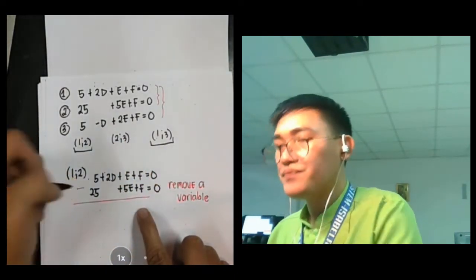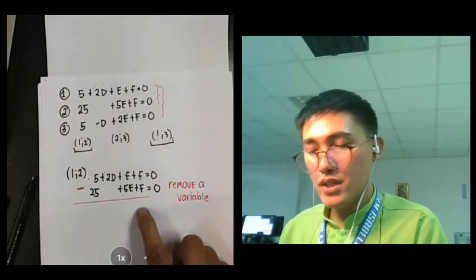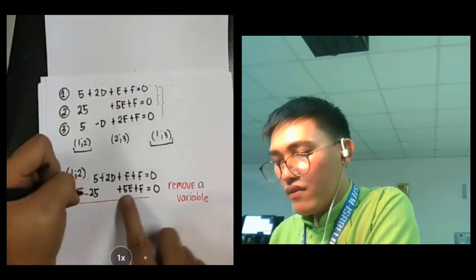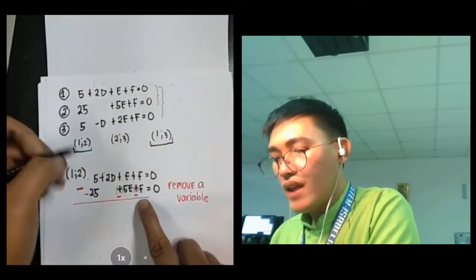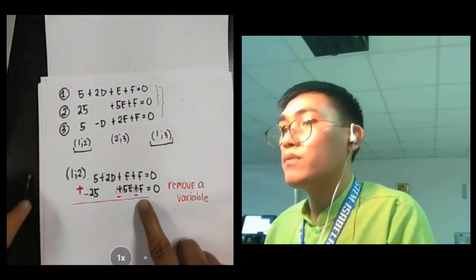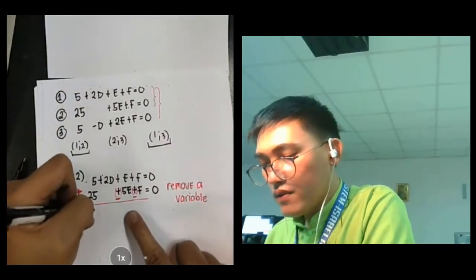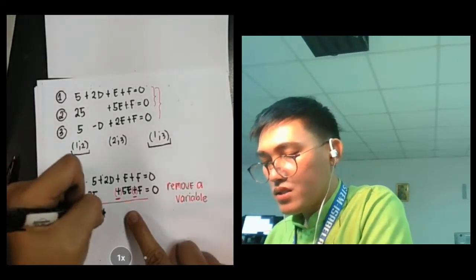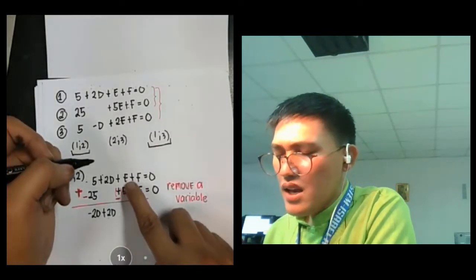In subtraction of polynomials, always change the sign of the subtrahend and proceed to addition. So if this is 25, that would be negative 25. If this is positive 5e, that would be negative 5e. Positive f is negative f, which cancels, leaving negative 20 plus 2d. Next, e plus negative 5e is negative 4e, equals 0.